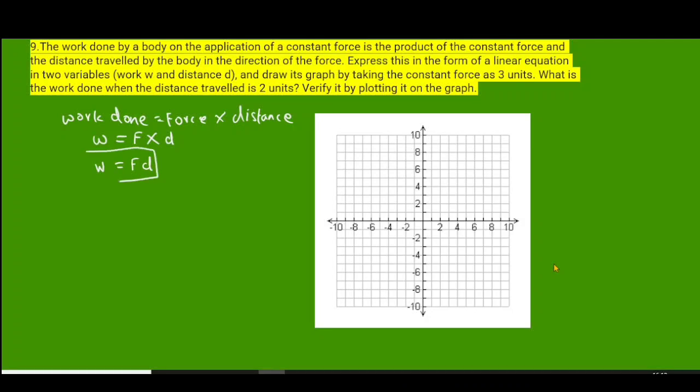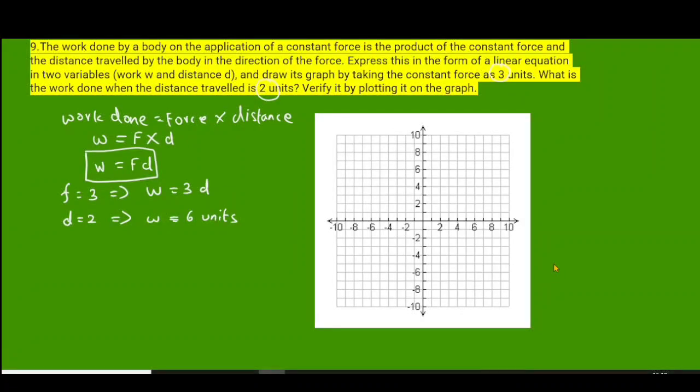This is the required linear equation. And the force is given as 3 units. They are asking to draw the graph. So with force F = 3 units, W = 3D. And what is the work done when the distance traveled is 2 units? Now D = 2 units. We will be getting W = 6 units.